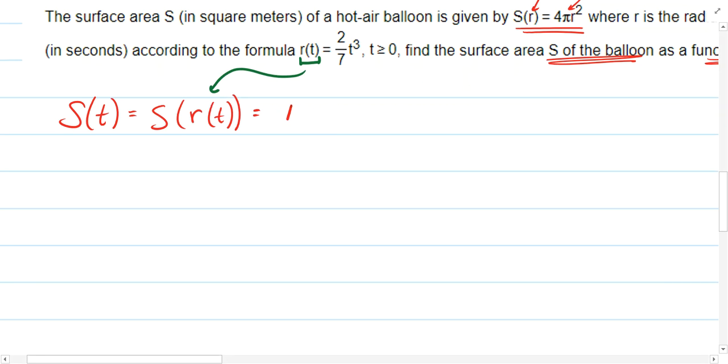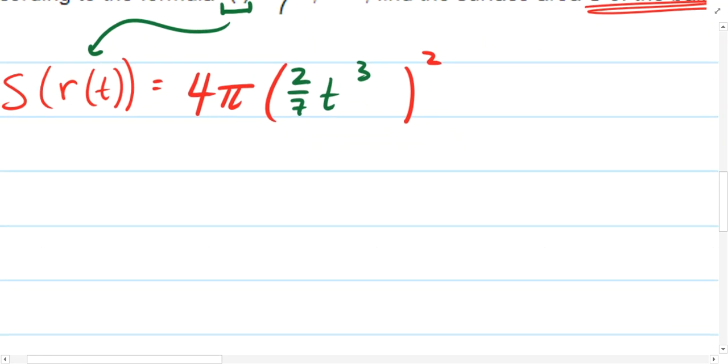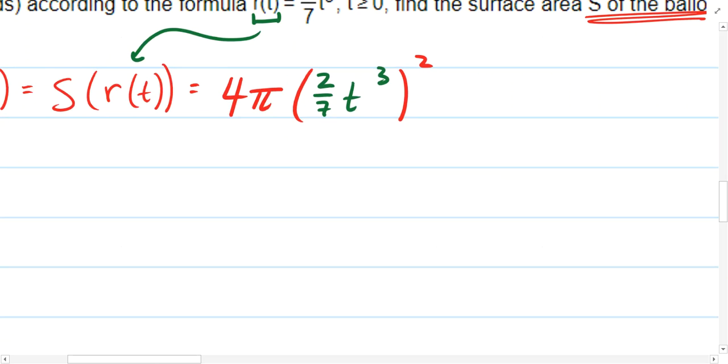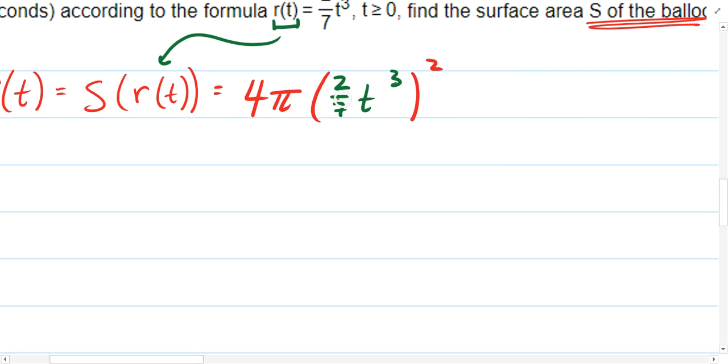Now our surface area required 4 pi times some radius squared, and as it turns out, our radius was 2/7 of t cubed. And this expression here on the right-hand side would in fact model the surface area based on time. If I knew how much time had passed, I can substitute that time value in for t, execute this expression on the right-hand side, and we would know the surface area of the balloon.